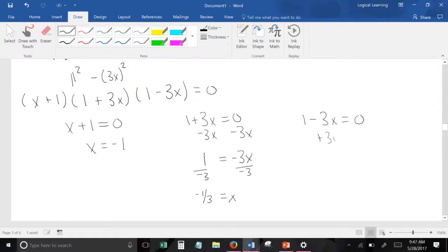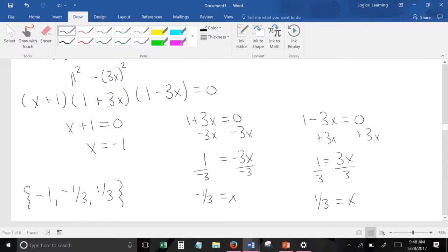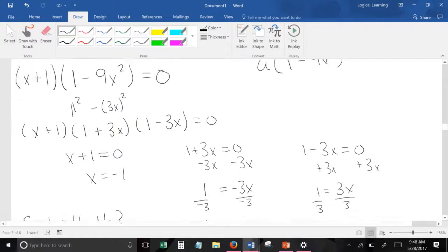And here I'll add 3x to both sides, and we get 1 equals 3x, and we divide both sides by 3, and we get 1/3 is equal to x. So our solution set is negative 1, negative 1/3, and 1/3. And again, plug it in and check with our original equation to make sure that's correct.